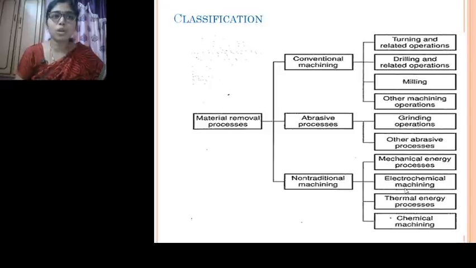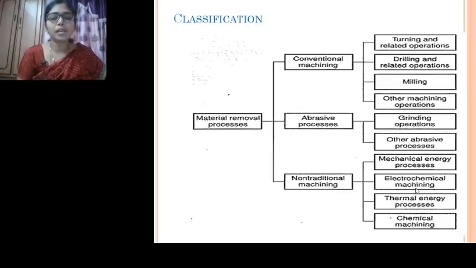So that also comes under non-traditional machining process, where we don't directly use mechanical energy to remove the material from the surface of the workpiece. That comes under the chemical machining process, and the removal of material from the wire surface that we discussed comes under thermal material removal process.